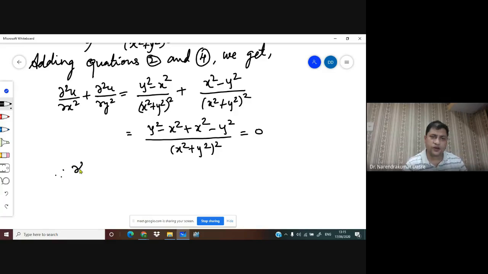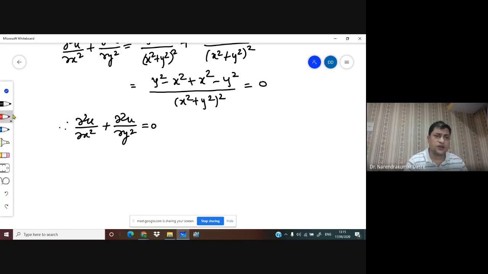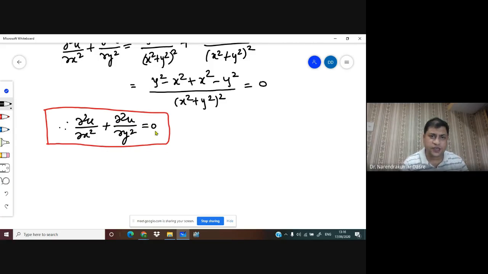So actually what we got is ∂²u/∂x² + ∂²u/∂y² equal to 0. But you know what this equation is? This is the Laplace equation. So we can say that the Laplace equation is satisfied.